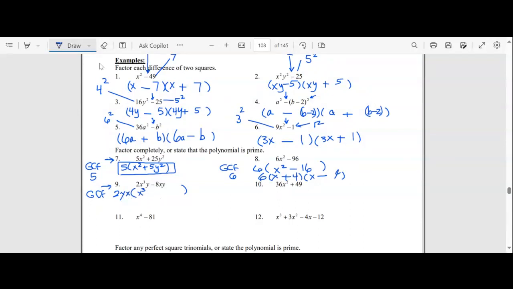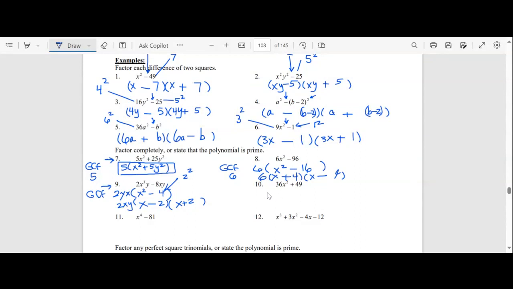So instead of x cubed, it's going to be x what? x squared, minus 4. Can I? 4 is considered what? 2 squared, correct? So I can do difference of squares. x and x, 2, minus, plus, and then 2xy.